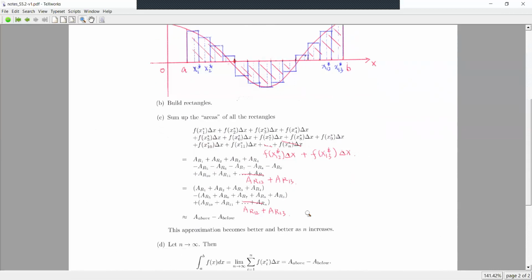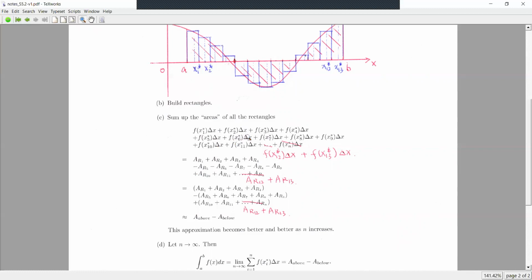Okay, now here in this equation, AR1 means area of rectangle 1. The first term is the area of rectangle 1. Second term, area of rectangle 2. Third term, area of rectangle 3. This is rectangle 4. And this is rectangle 5. But this number is negative, so it is a negative area of rectangle 5.